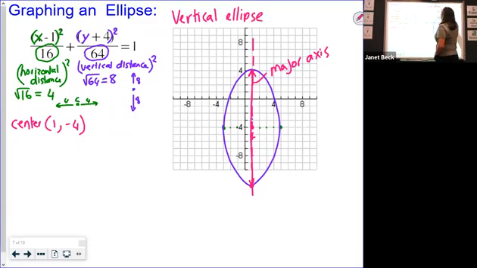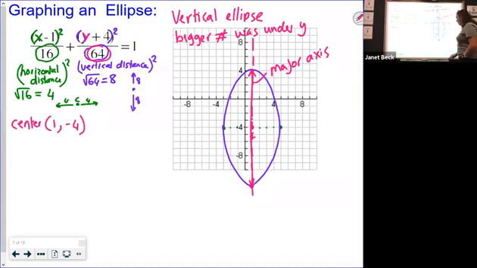How we could tell just looking at the equation is the bigger number was under y, and so that's going to tell us that the major axis will be vertical.